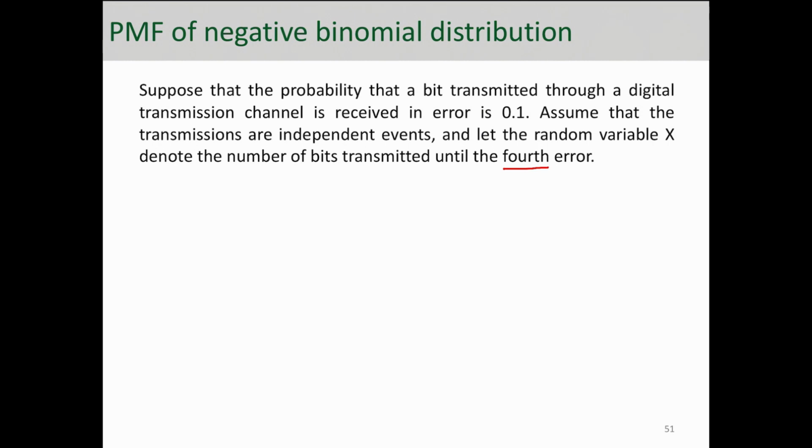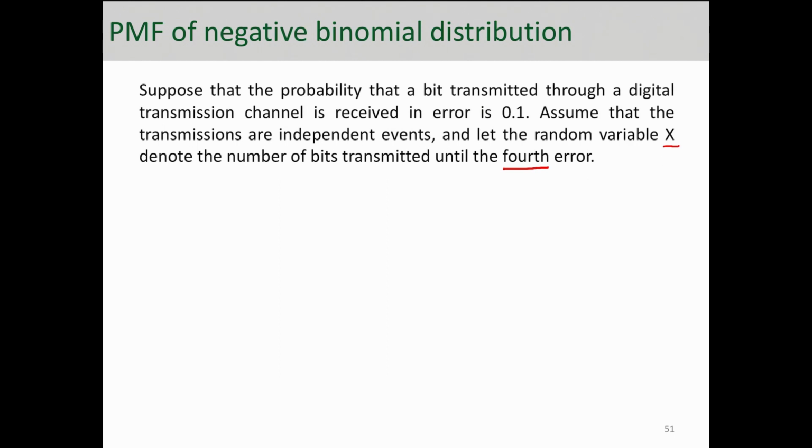So you have these two outcomes in your random experiment, so that's an indication that you're dealing with binomial or negative binomial. And then here it defines random variable x for us, which is number of bits transmitted until the fourth error. Essentially, the number of trials until the rth error or rth success, right?